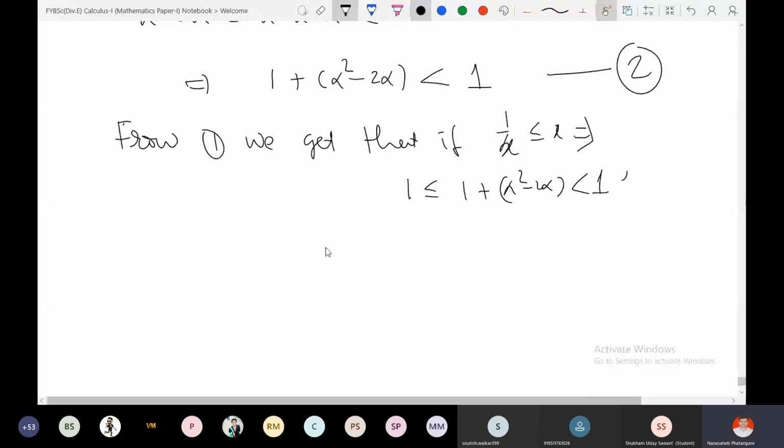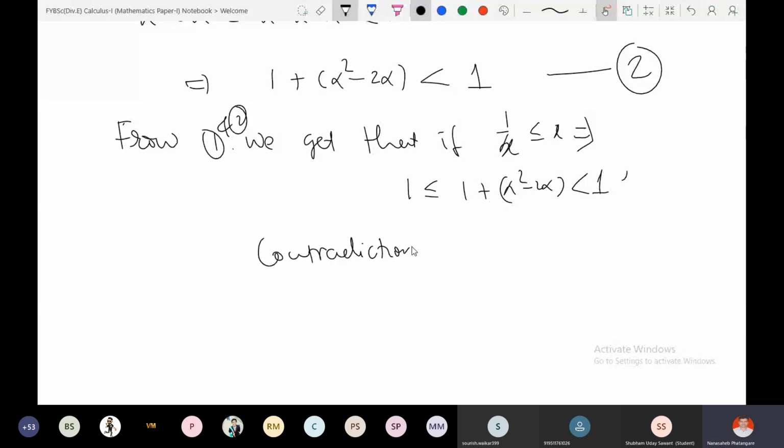Contradiction from 1 and 2. So what contradiction did we get? 1 is less than 1, which is not possible.